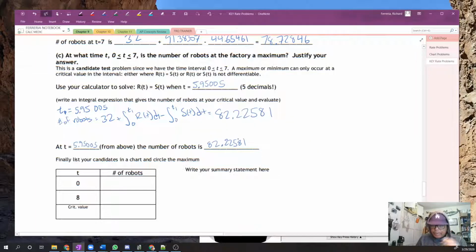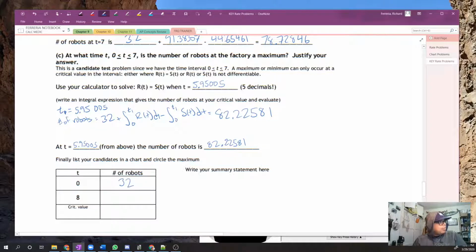And you would do this for every critical value that you would come up with. Also, you're going to have to figure out how many robots are at t equals 0 and t equals 7, those 2 points being the endpoints of the interval. So I'm pretty sure that at t equals 0, there are 32 robots.